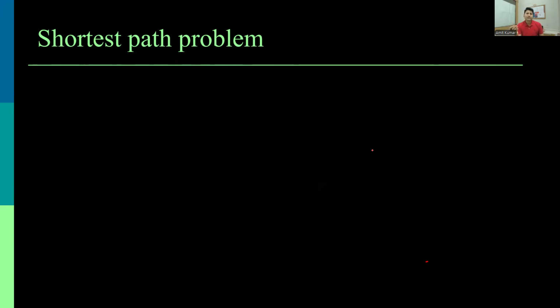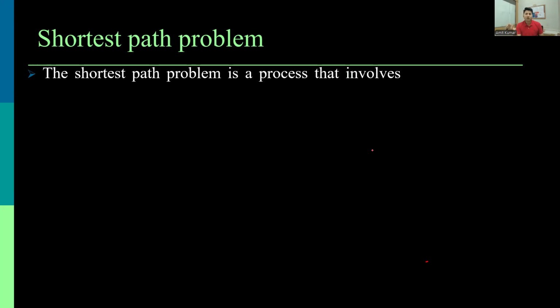One of the contexts for such problems is to find the shortest path. We can find the shortest cost, the shortest traveling time as per the nature of the given problem. Now, what exactly do we mean by shortest path, as it is a common term and most of us already know it?